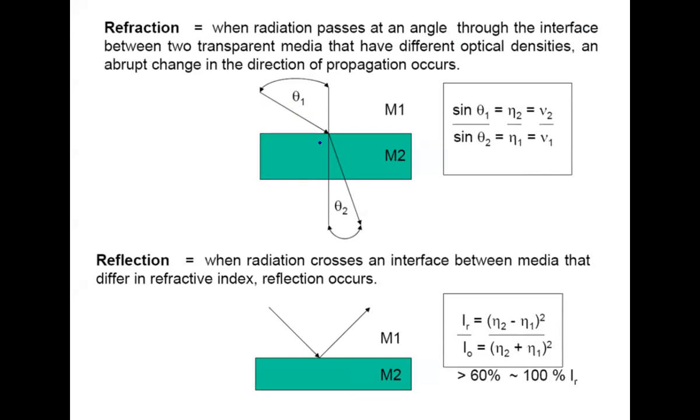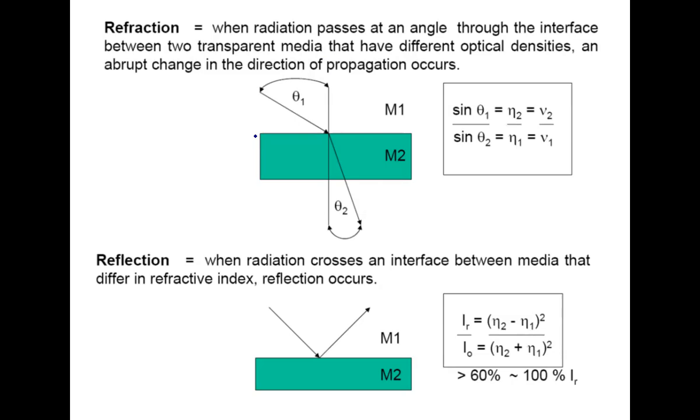Well, each of those objects will have different optical densities, but also absorbances. So it's also going to have different refractive indexes. Because of that, you have an abrupt change in the direction because they don't have the same refractive index.